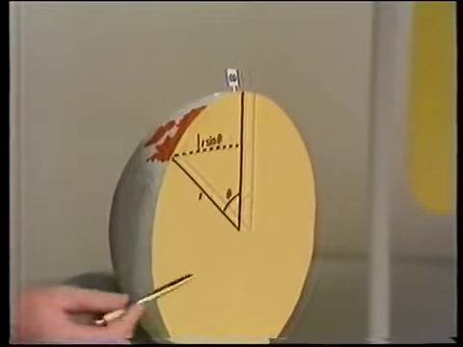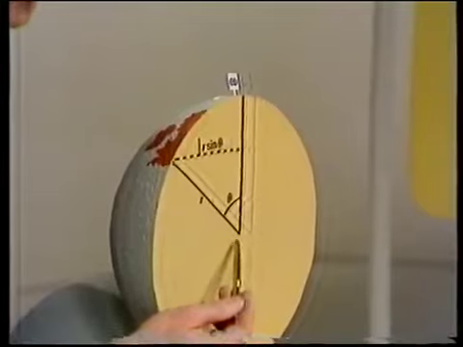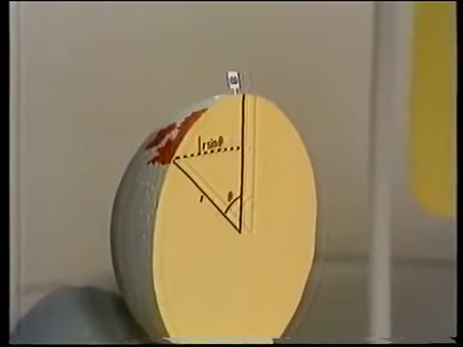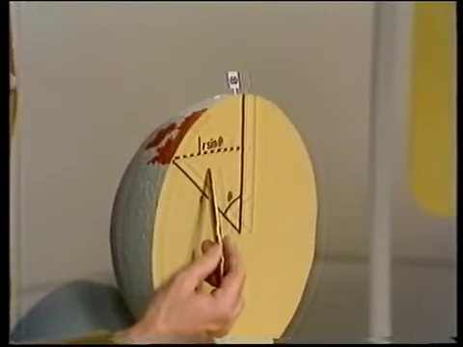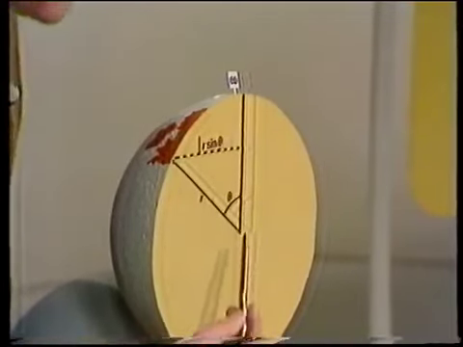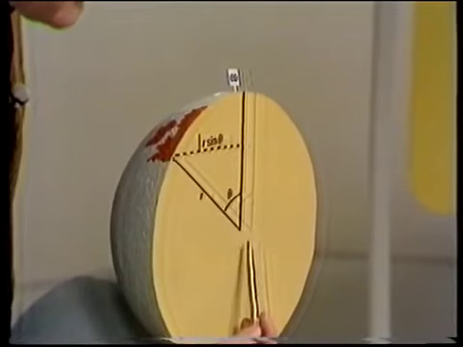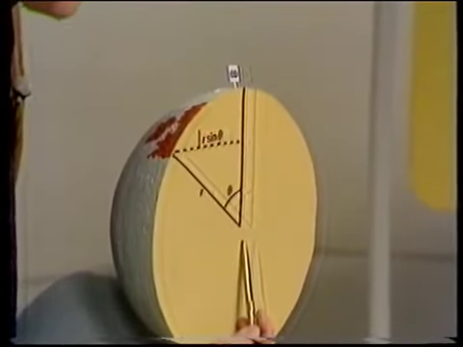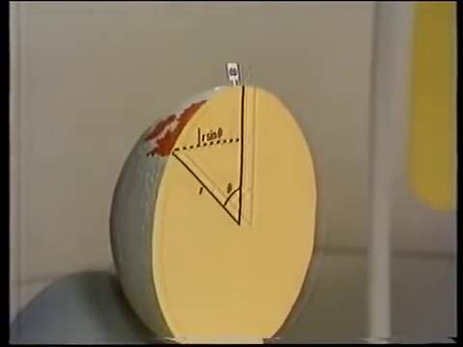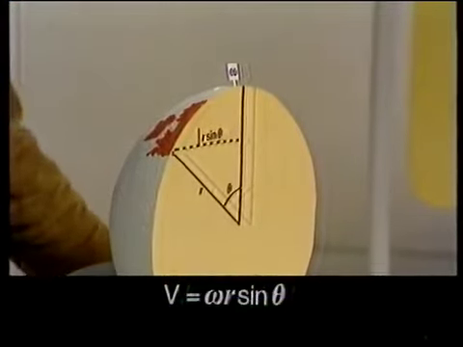The distance of London from the centre of the Earth is r. If this angle's theta, then this distance is r sine theta. Now, you know the angular speed of the Earth is omega, about the vertical axis here. So the answer you got was omega r sine theta.